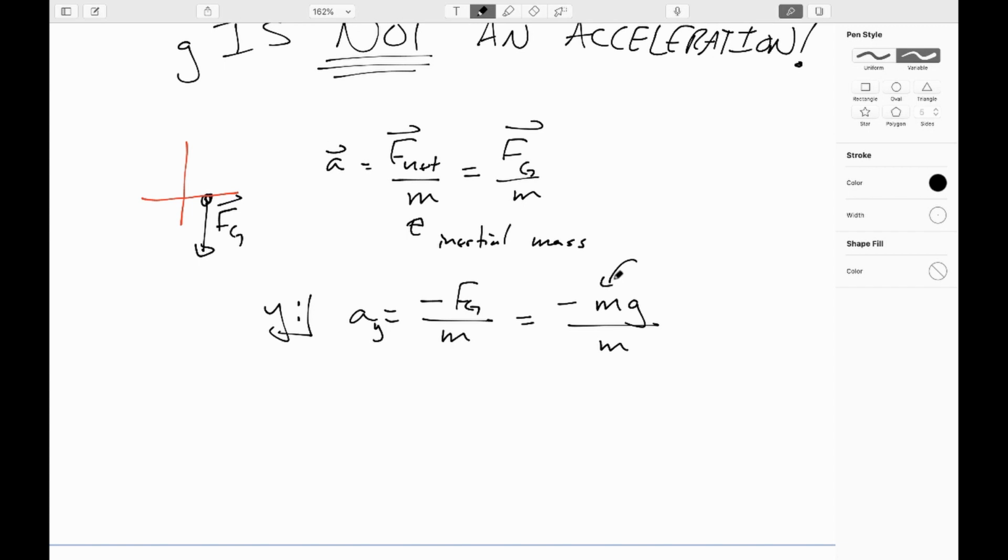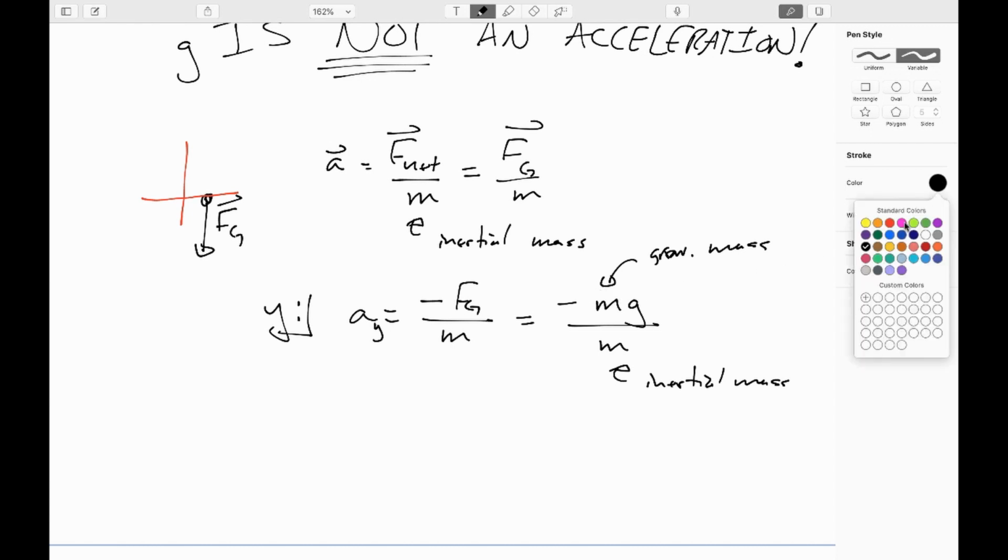Now keep in mind, remember this m here is the gravitational mass. This m here is the inertial mass. And we cancel these, even though they're technically different things, because we're pretty darn sure they're equal, and to our best ability to measure, they are.